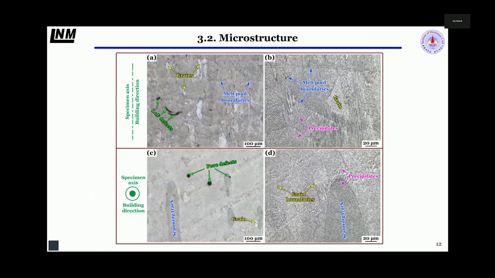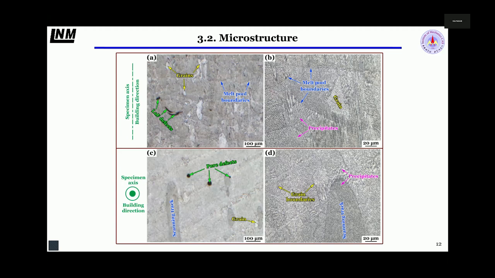Let's show the microstructure. The microstructure of the additively manufactured nickel-based alloy shows the melt pool microstructure. This enlarged grain is the FCC nickel-based gamma grain, and we can also find pore defects.